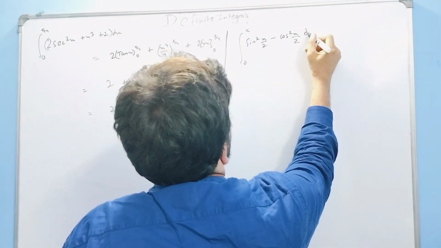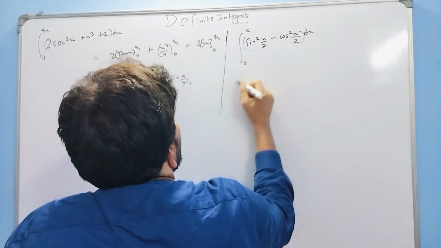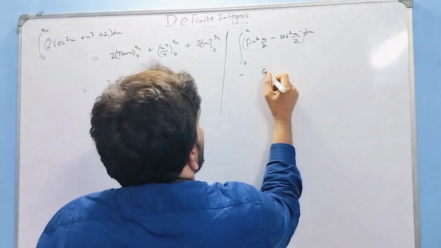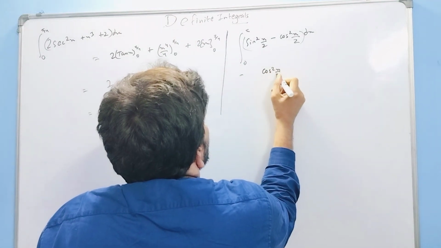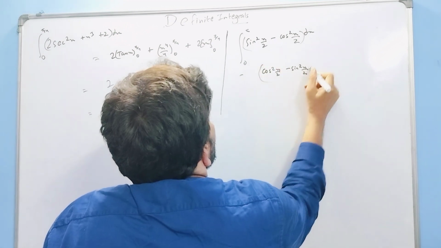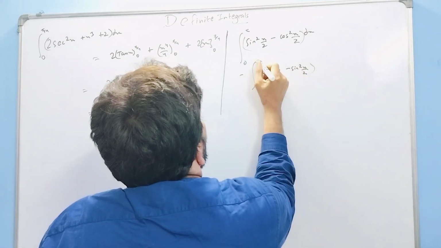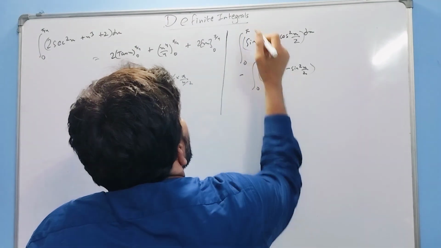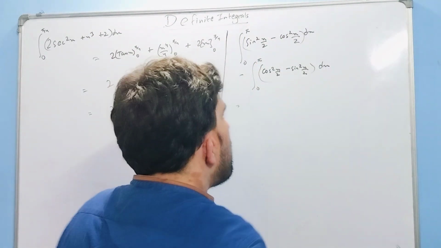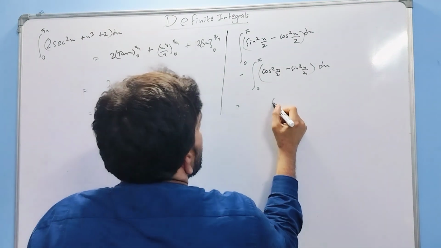Very easy. What we can do here is just take the minus sign common. Cos square x by 2 minus sine square x by 2, from 0 to pi. We all know the formula of cos 2x. So cos 2x, so we'll have here cos x.